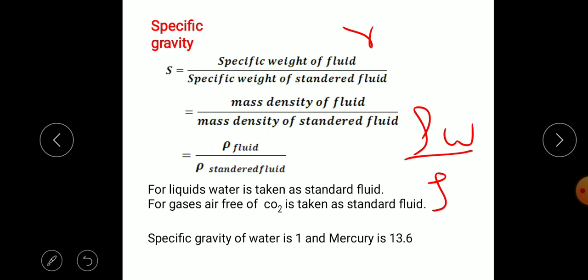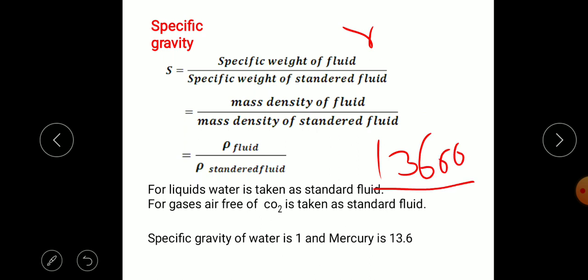And for mercury, the density is 13,600 kg per meter cube and density of water is 1000. So specific gravity of mercury we get 13.6. So that is the important property, specific gravity. Sometimes density is given, sometimes specific gravity is given, and we have to find the density of the fluid.